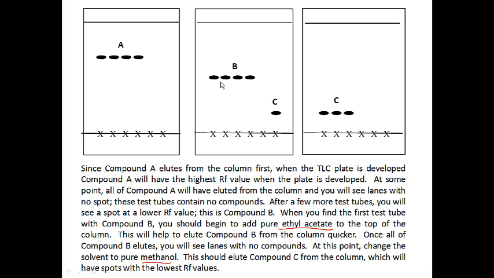It's possible that you may have test tubes with just pure A. It's possible you may have test tubes with pure B, but you may in the middle have some test tubes that have both A and B in them. And if this was real research, we'd end up taking those fractions and re-chromatographing them to separate A and B into their own individual test tubes at that point.